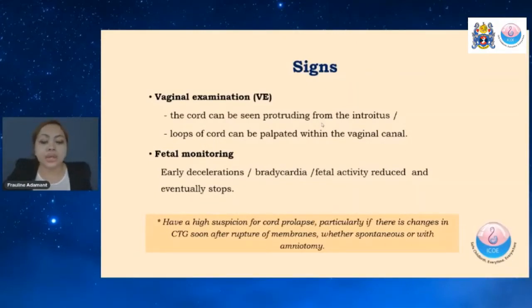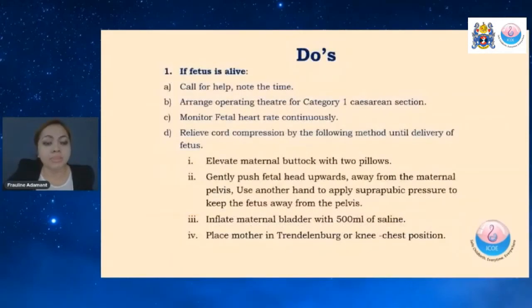Here I would like to remind all of you, you should have a high suspicion of cord prolapse, particularly if there are changes in your CTG soon after the rupture of membrane, whether spontaneous or by amniotomy.